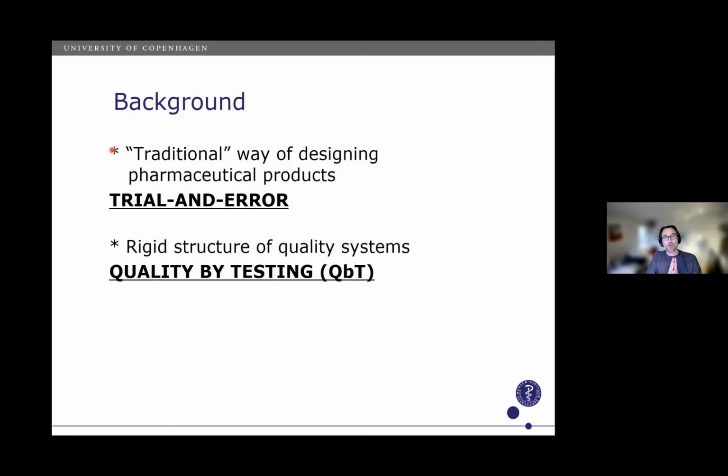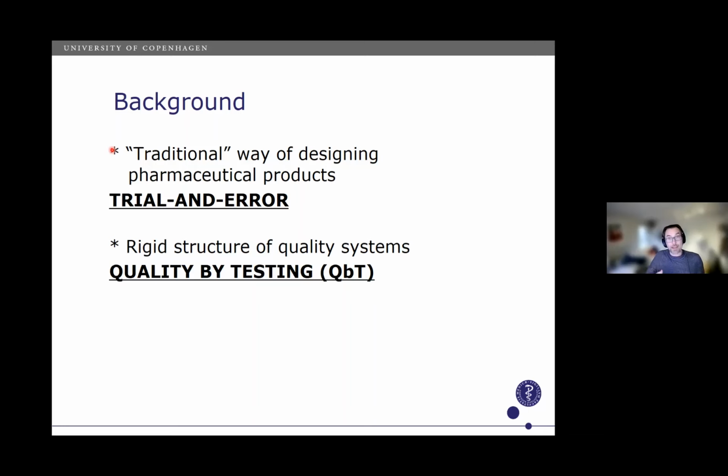Another aspect of the pharmaceutical business area is the relatively rigid structure of the quality system. If you think about how we release, for example, a batch of products, all product release is based on testing. We take samples from the end product, a coated tablet for example, and as long as that product is within the specification, we measure 30 tablets out of 30 million tablets, and then everybody is happy with this type of approach.